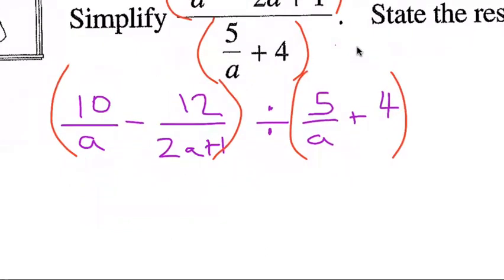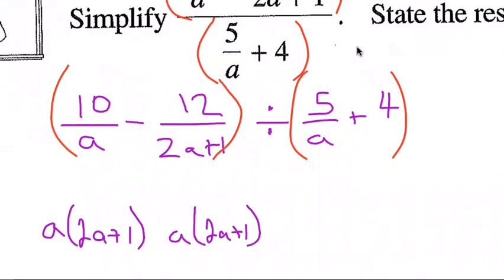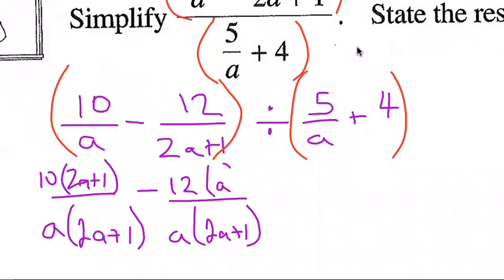My common denominator on this side is going to be a and 2a plus 1, a and 2a plus 1, boom, minus, boom. 10 was already there. I multiplied in a 2a plus 1. The 12 was already there. I multiplied in an a. Divided by, so this is in a bracket.